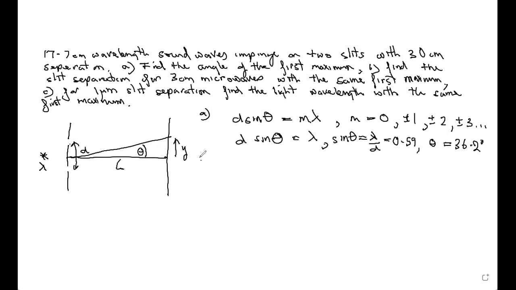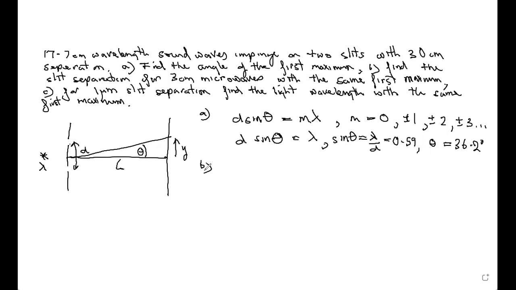So part B asks us to now think not of sound waves, but microwaves. And it says, what slit separation would be required if you had 3 centimeter microwaves instead of the 17.7 centimeter sound waves, and you wanted to have the first maximum at exactly the same location for the sound and microwaves.